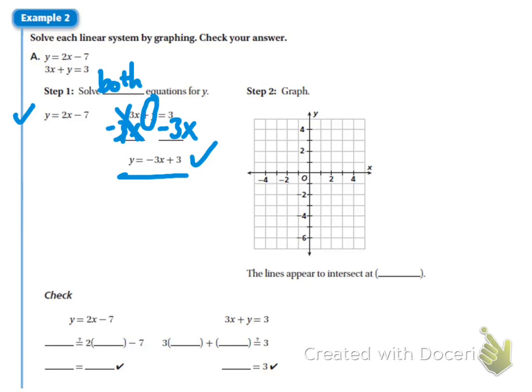So if I graph my line, when I put in 1, 2 minus 7 is negative 5, so that would be 1, negative 5. When I put in 3, 6 minus 7 is negative 1.